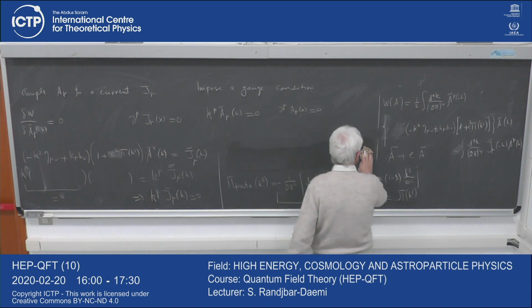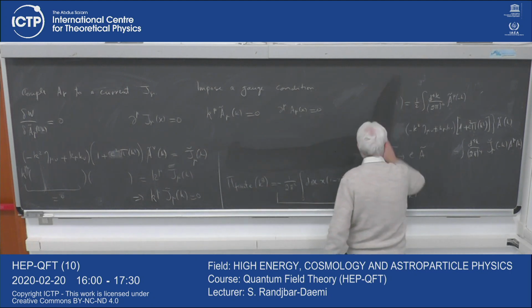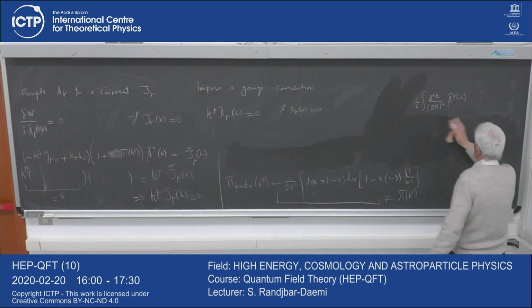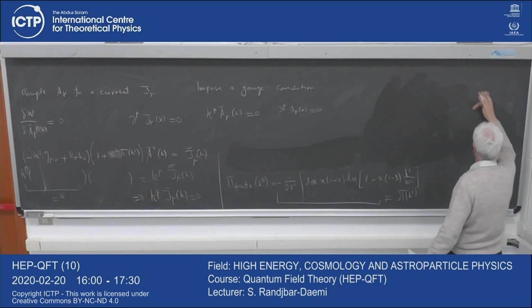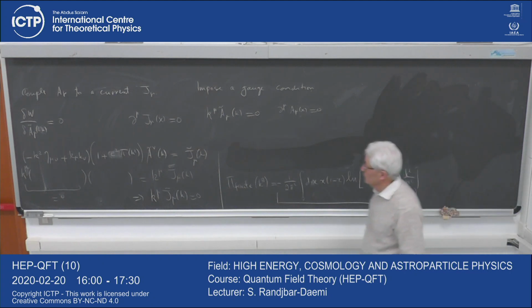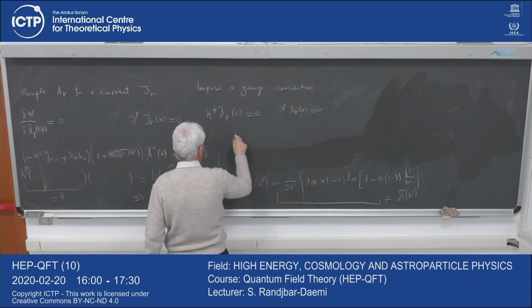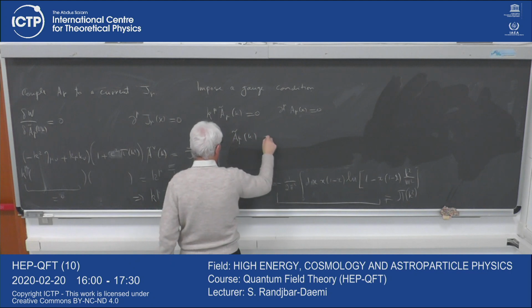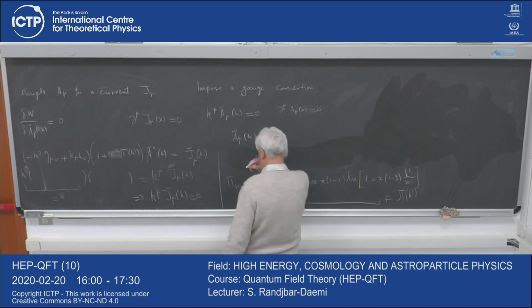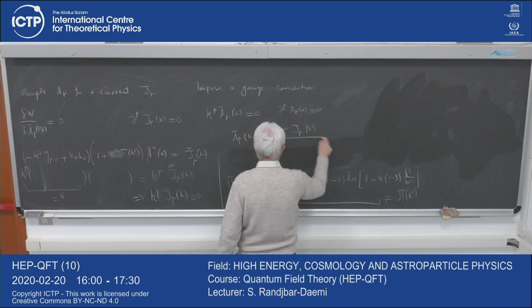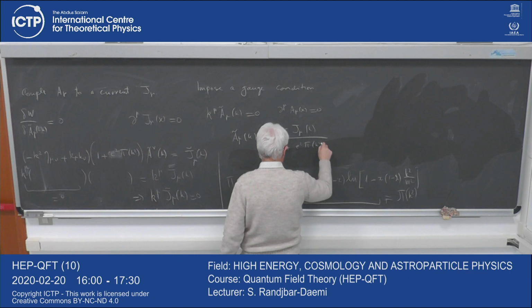The inverse is written quite simply. Therefore, the solution from here, subject to this condition, is that A tilde mu of k equals minus j mu of k divided by 1 plus e squared pi of k squared.